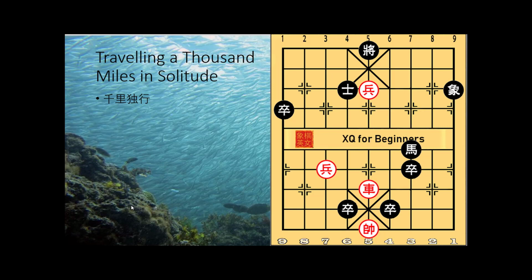Like the first two endgame compositions mentioned just now, all three are chariot pawn endgame compositions. So it would seem that chariot pawn endgame compositions are not as easy as they look.